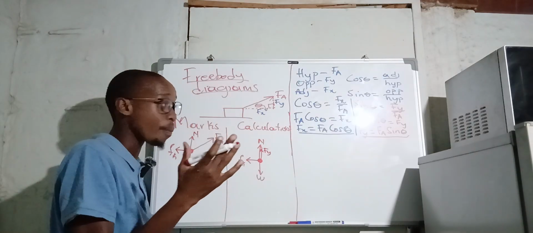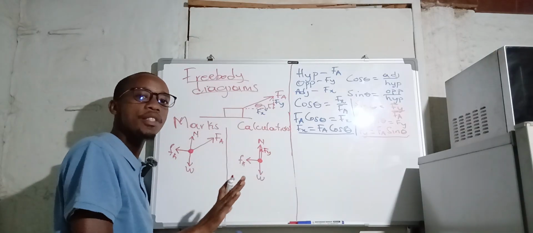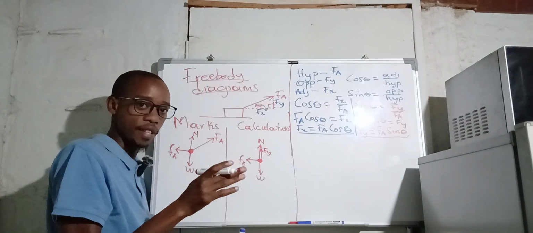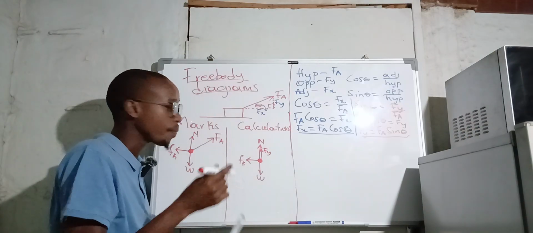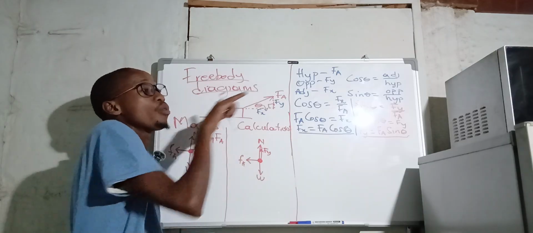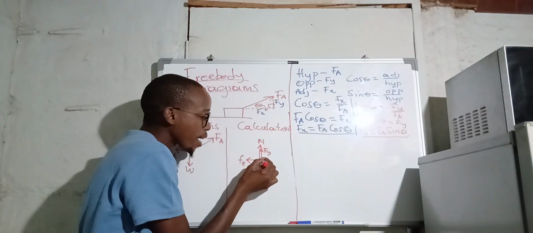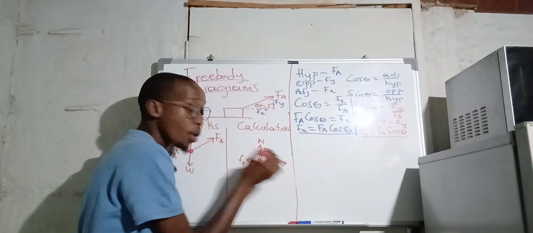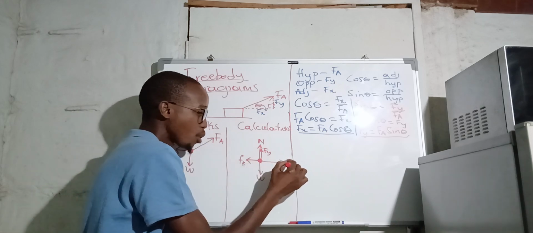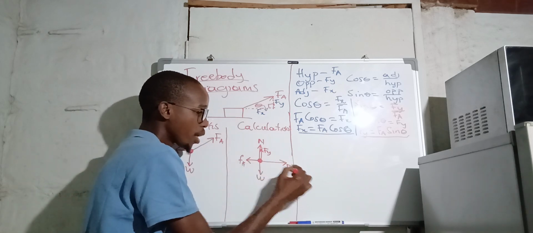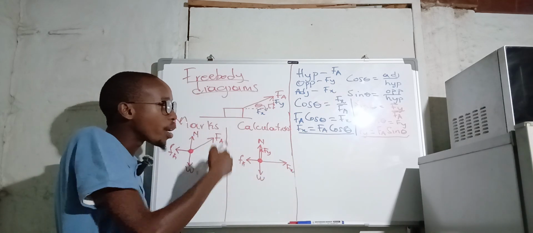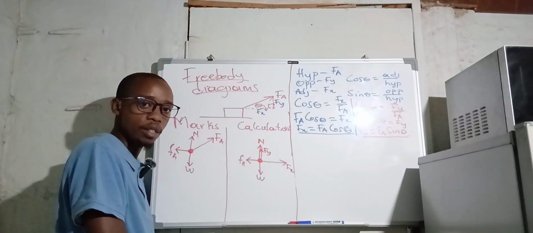Some other books normally call it force vertical, Fv. It is still the same thing. And then the object is moving to your right, so the Fx, which is going to be the longest force, is going to be going to your right. This is how you do the free body diagram for calculations.